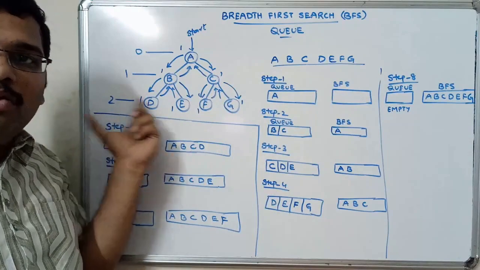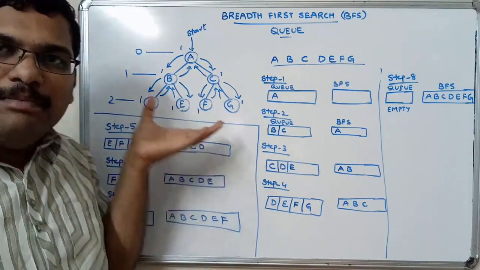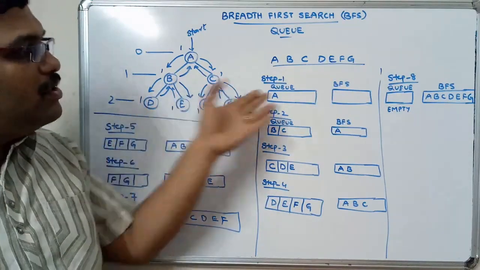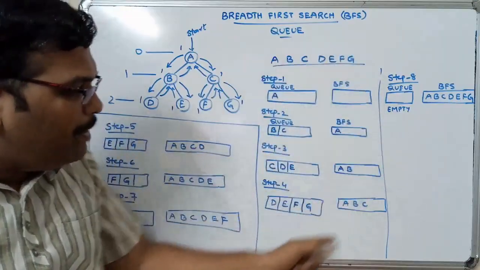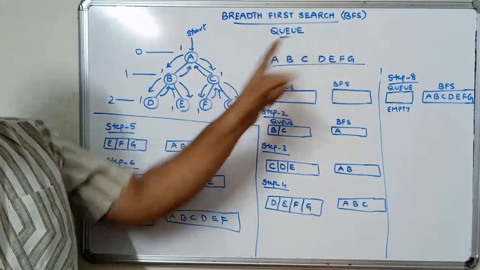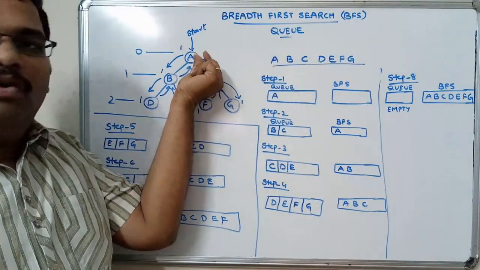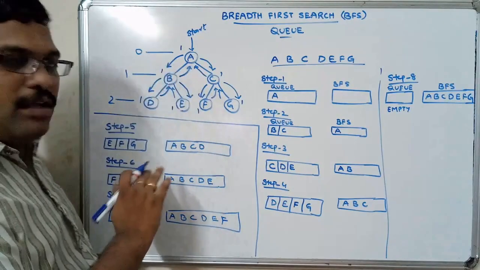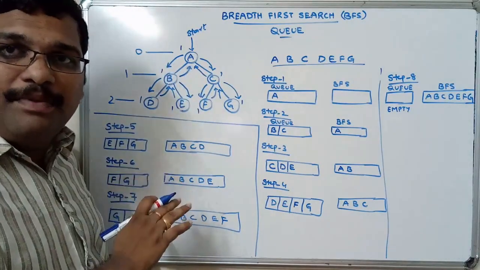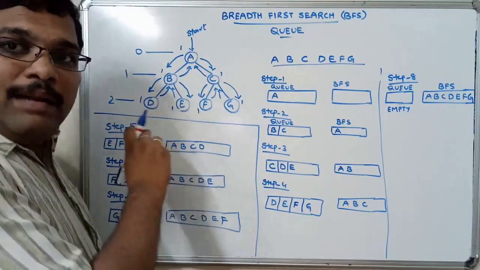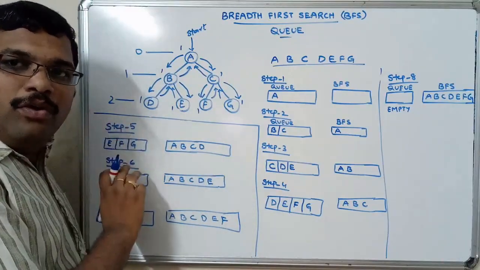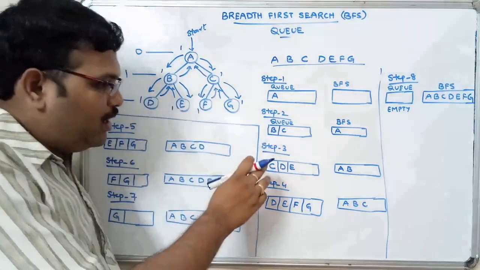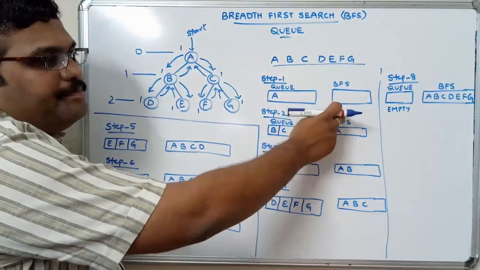So there are no other levels, right? Because level 2 is the last level. So this will be the answer. And this will be implemented by using the Q. First insert the node into the Q if the Q is empty. If not, remove the node from the Q and enter into the BFS.